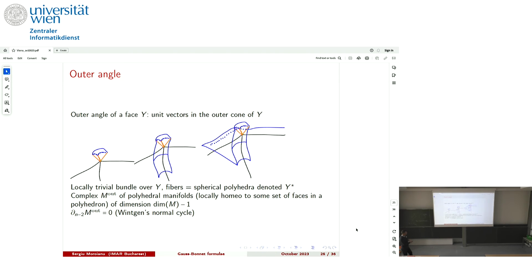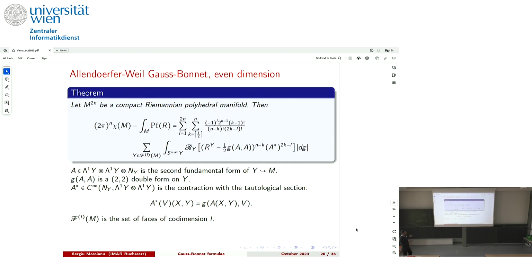Okay. So now here is the Allendoerfer-Weil Gauss-Bonnet. They used it to prove the Gauss-Bonnet without boundary, but it's very nice in itself. So the difference, there is a defect to computing Gauss-Bonnet by the usual formula in the interior, and it is given by contributions of all faces of every codimension and integrals over the sphere outer cones.